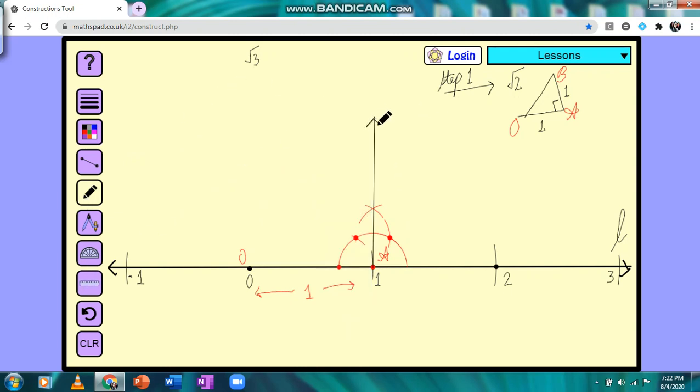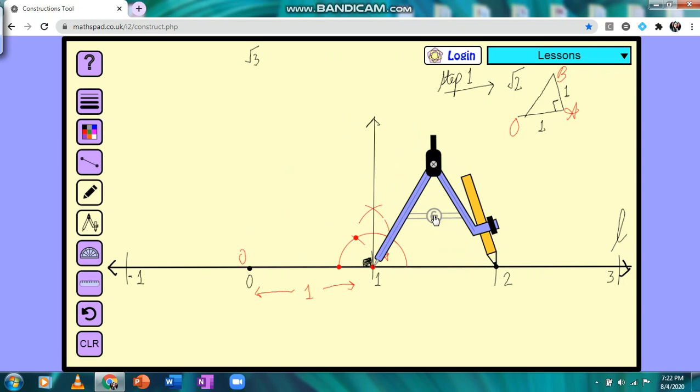this is the perpendicular. Now I have obtained a right angle at A. Now I want to obtain point B. Over here along the perpendicular, I'll be cutting off one unit to obtain that. Let's open the compass 1 unit in length.